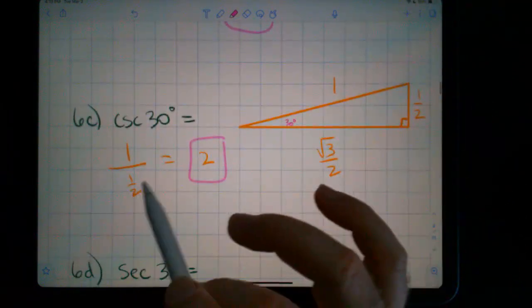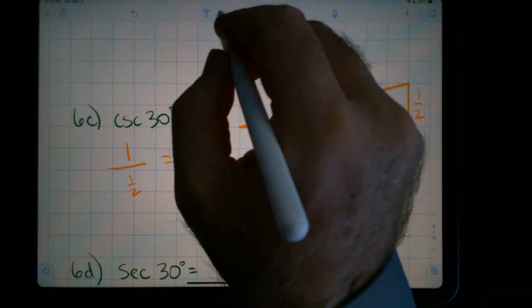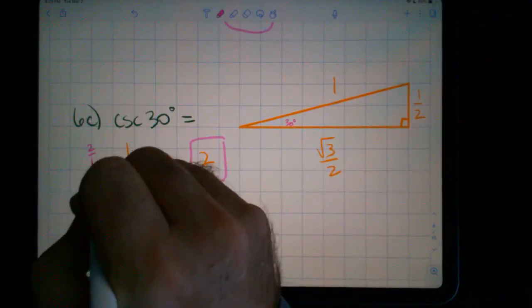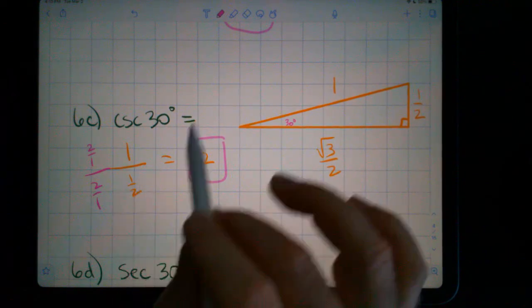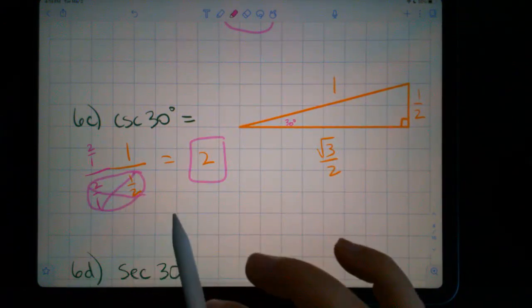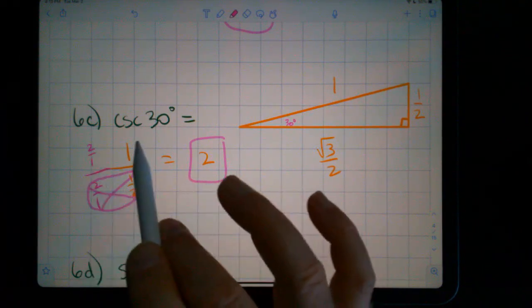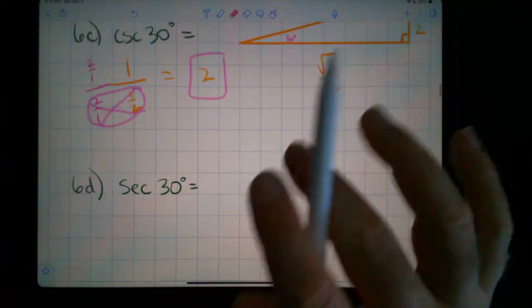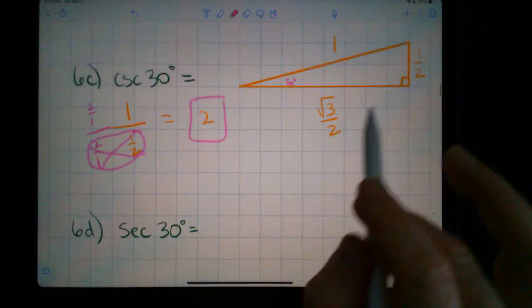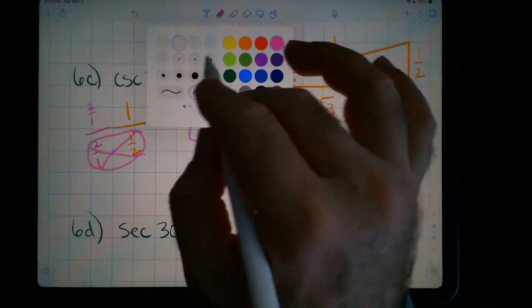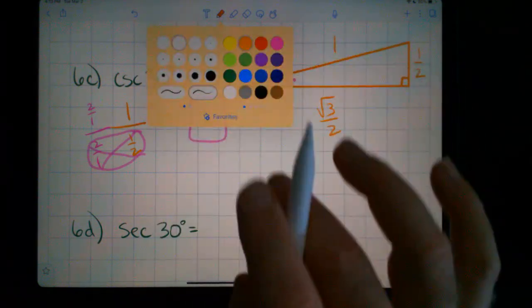Okay, same thing going on here. If I were to multiply this by 2 over 1 over 2 over 1, this denominator simplifies, and I have 2 over 1 times 1, which is 2. Okay. Secant of 30, I'm going to use the same triangle. Secant of 30 is going to be your hypotenuse over your x value.